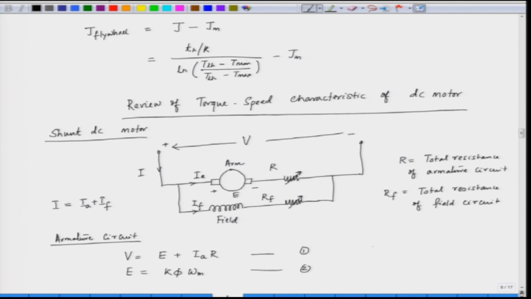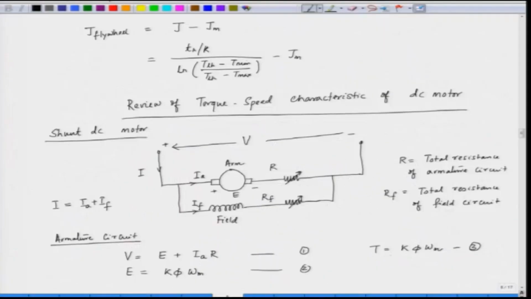And we have the third equation, which is the torque equation. Torque is given by K phi into omega m. So, these are the three equations of the DC motor. The voltage equation, V is equal to E plus IA into R. The back EMF equation, E is equal to K phi into omega m.